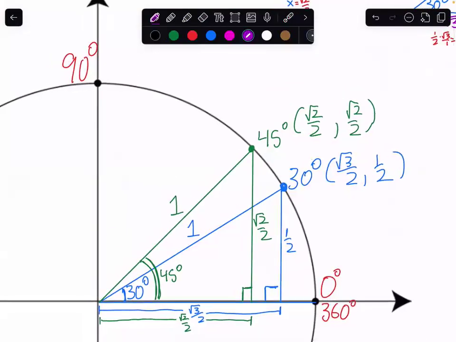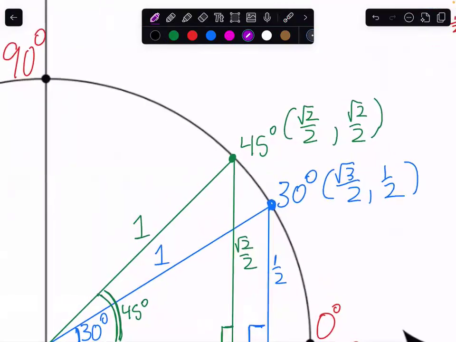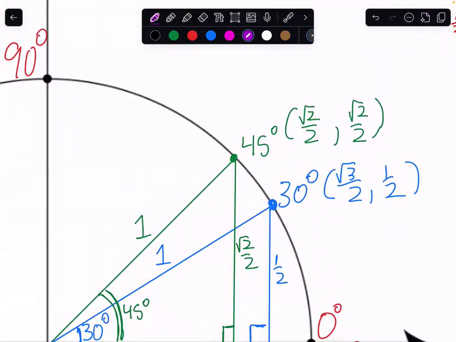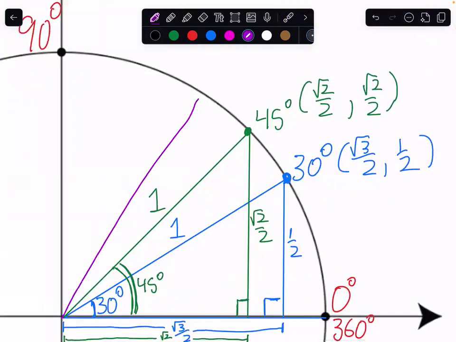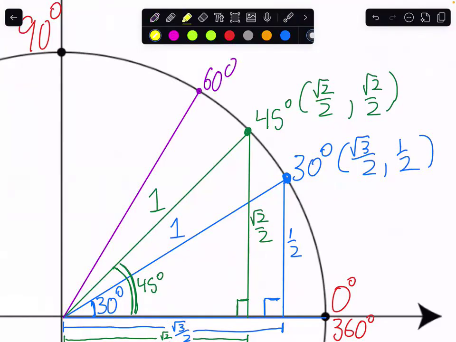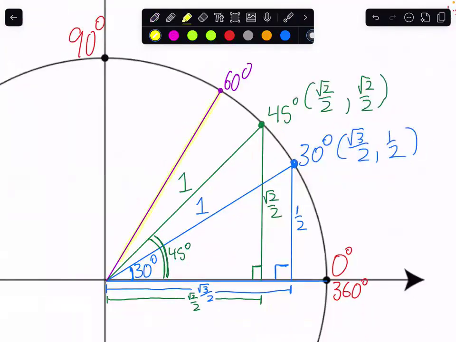Okay, so the last key angle is 60 degrees, which again is double 30. And I'll estimate it to be about right here. And again, the reason that this is 60 degrees is the angle formed with the positive x-axis. We're saying that this angle is 60 degrees.